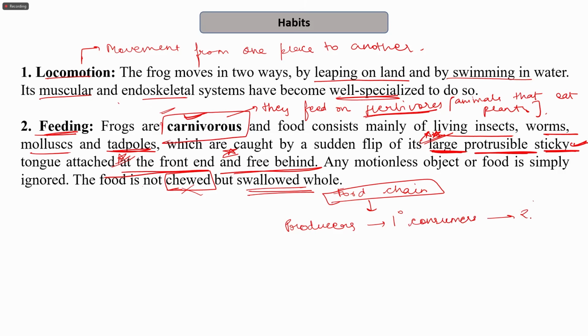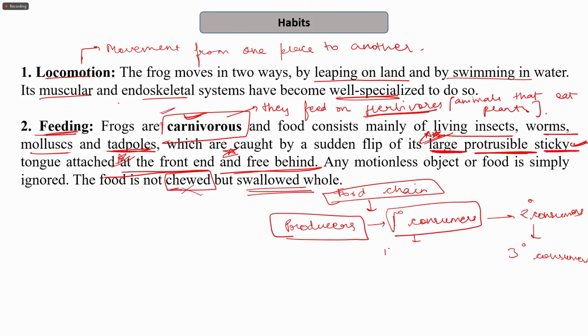And then we have secondary consumers, then tertiary consumers. Producers produce their own food. Primary consumers are mainly the herbivores that feed on plants. And secondary consumers are mainly the carnivores that feed on the herbivores.